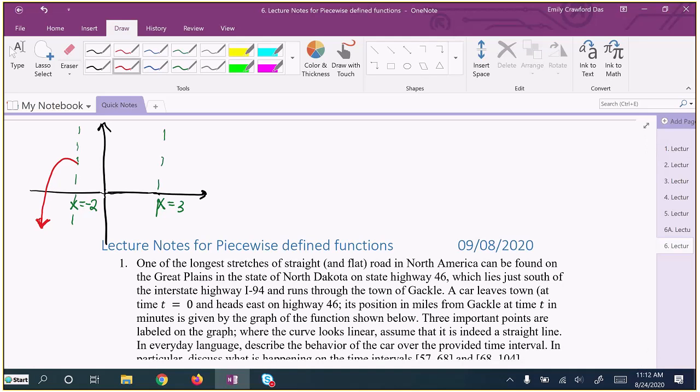Maybe we have a closed dot here, but starting here, we do a straight line instead. I get all the way to x equals 3, and let's make this an open dot too. I get all the way to x equals 3, and then I do something else. Maybe I do a different straight line.